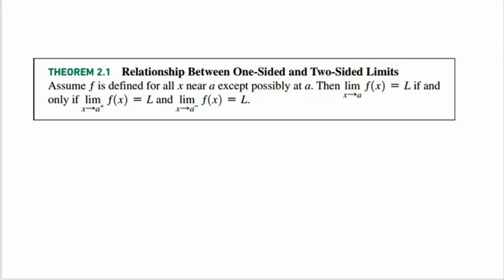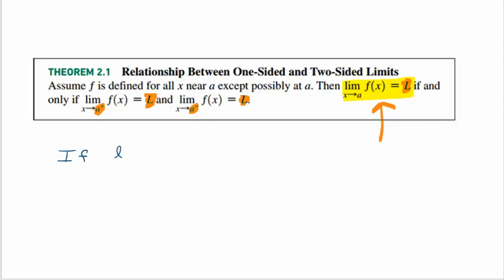Okay, so in order for the limit as x approaches a to be defined, it has to approach the same value, L, from the right and from the left. If it doesn't approach L from the right and from the left, then we say that this limit does not exist. All right, let's write that out.